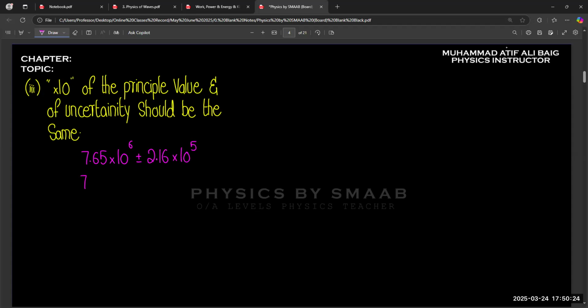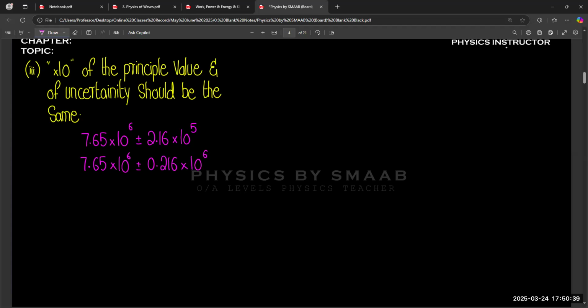Another example: 7.65 times 10 to the power 6 plus minus 0.216 times 10 to the power 6. And 7.65 times 10 to the power 6 plus minus 0.22 times 10 to the power 6.